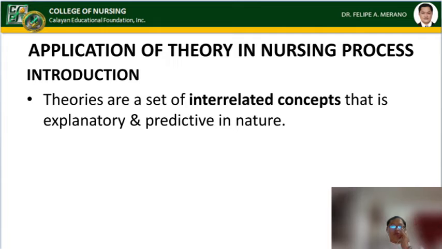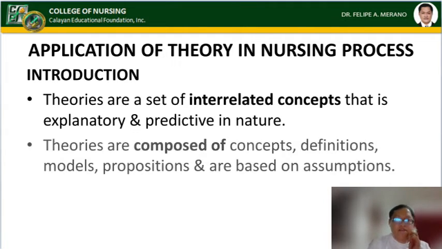So all theories are interrelated concepts, combined with other concepts, and all of them are explanatory. So we can predict things in nature using different theories. Okay? So it will help us to predict things if we know the different theories in nursing.